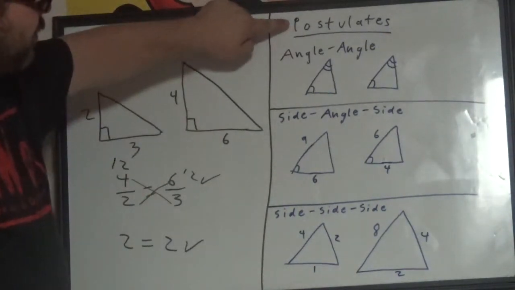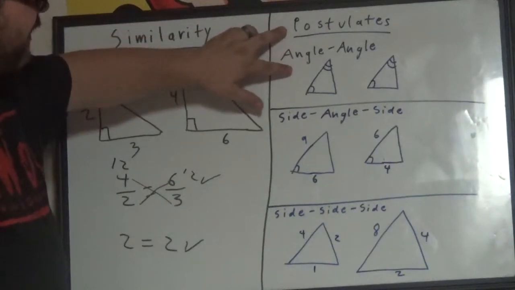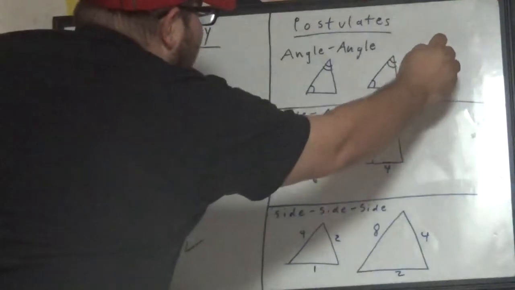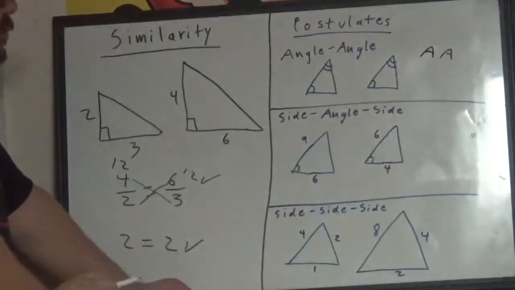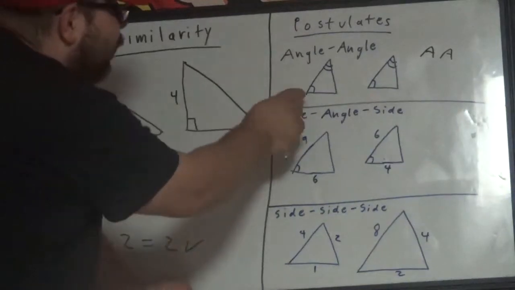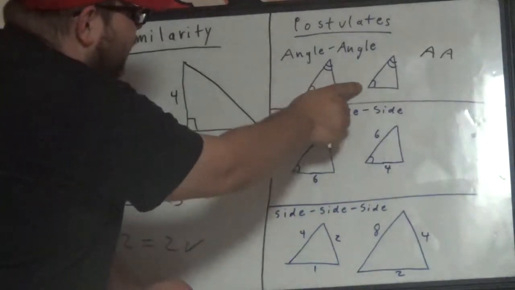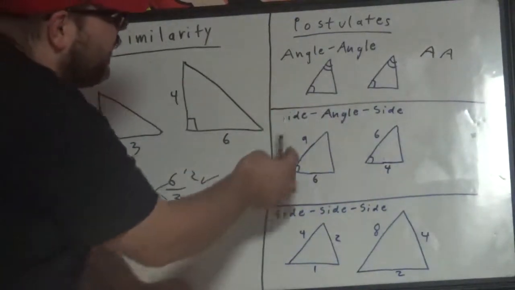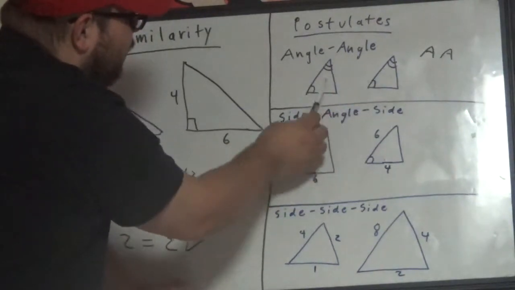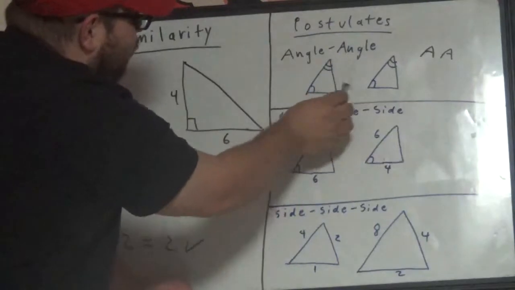So the first one we have is angle, angle, which can also be written as AA for an abbreviation. And what that's saying is if we have 2 angles which are the same, so if you look at these 2 triangles, these angles are congruent, and then these angles are also congruent.